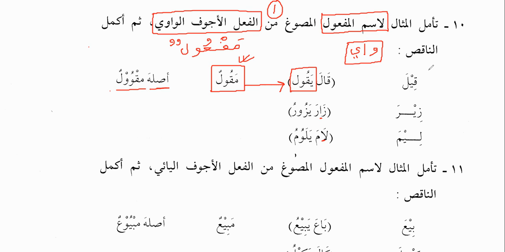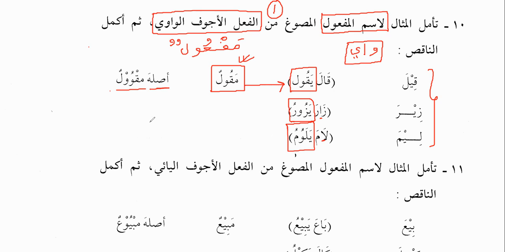Even though the majhul is given here, you concentrate on the present tense, because our scale will be based on the present tense. So you need to know the present tense very well. This is the most important point here.